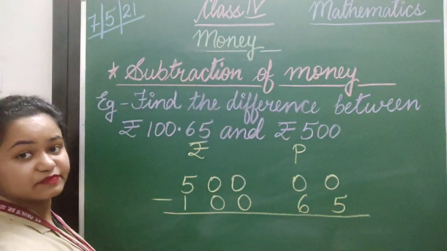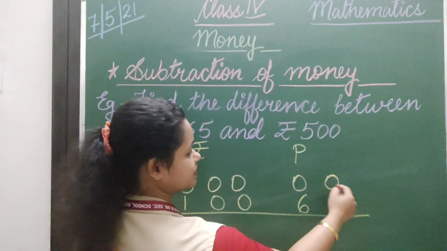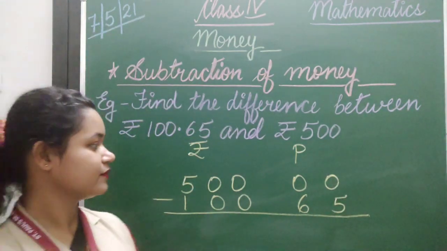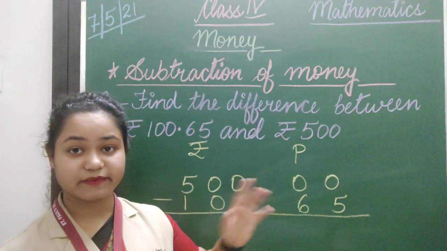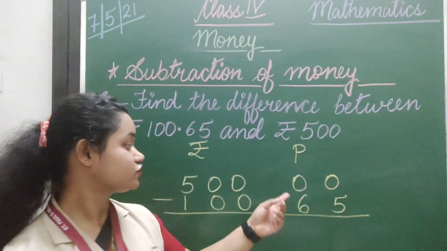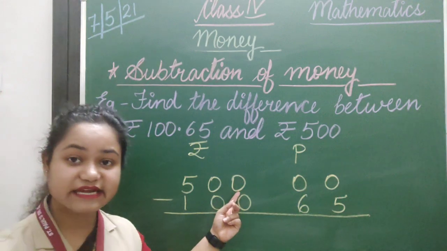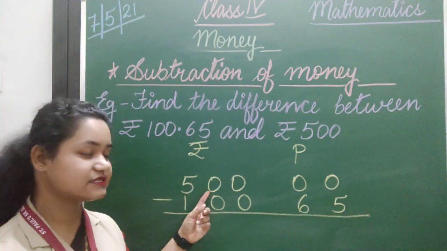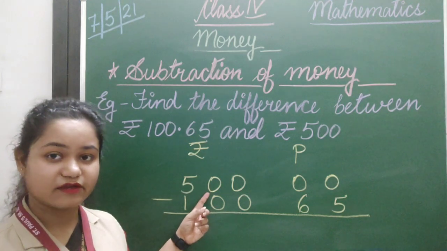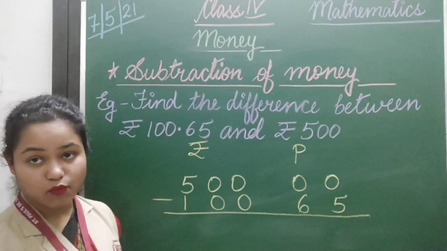Now start the subtraction from the right hand side. 0 minus 5, not possible. 0 will ask 1 from the neighbor. Neighbor is also 0, that means the neighbor also does not have 1. So the neighbor will again ask his neighbor, which is also 0. This again will ask his neighbor. Here also nothing is there. So now what will happen?